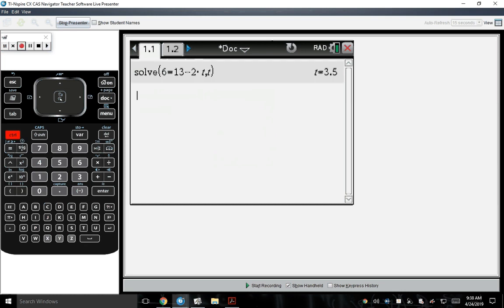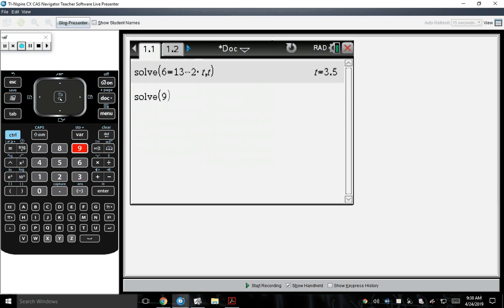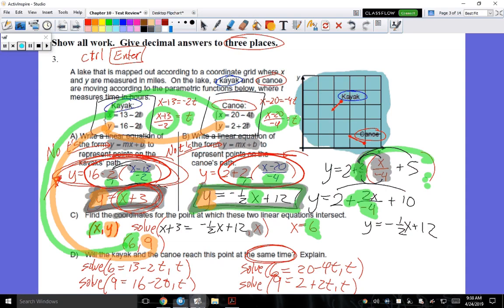Control enter, we get 3.5. Menu 3.1 for the second one, 9 is equal to 16 minus 2t, comma t, and you see that we also get 3.5. So we got 3.5 here and 3.5 here. So far so good, same time.